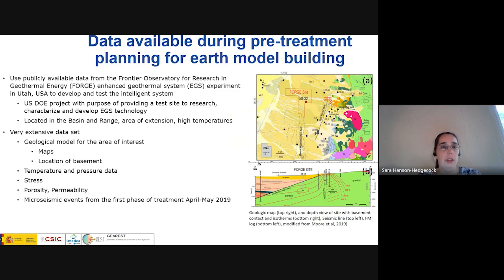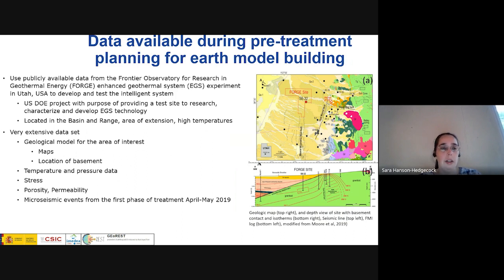The data we're using is from the FORGE system in Utah, in the western United States. It was set up by the Department of Energy to provide a publicly available laboratory to develop geothermal systems and make them marketable. It's been going for several years, and they've drilled at least 3 different wells and are taking constant measurements.